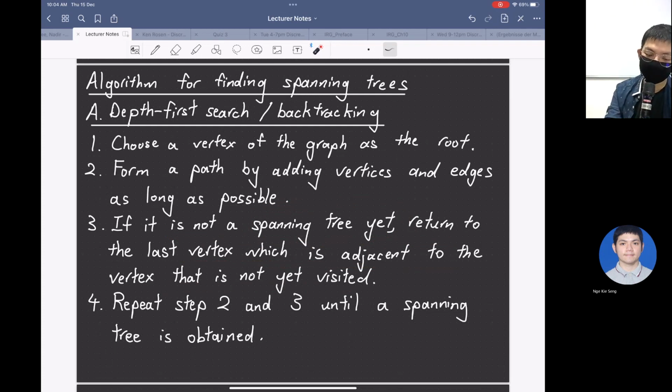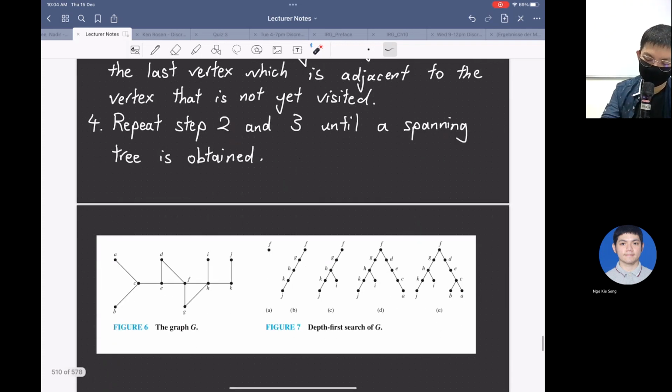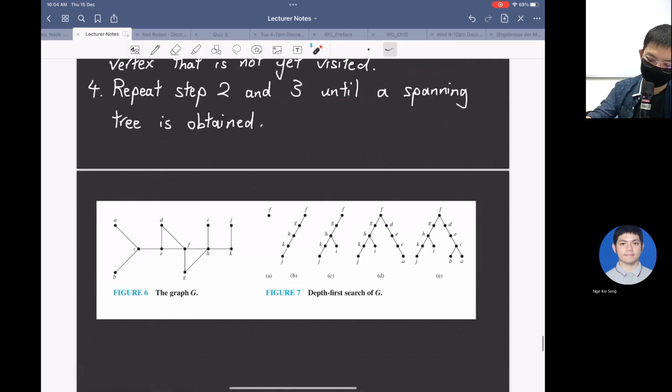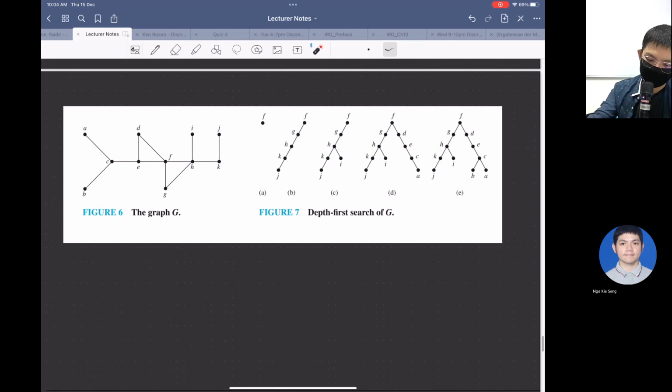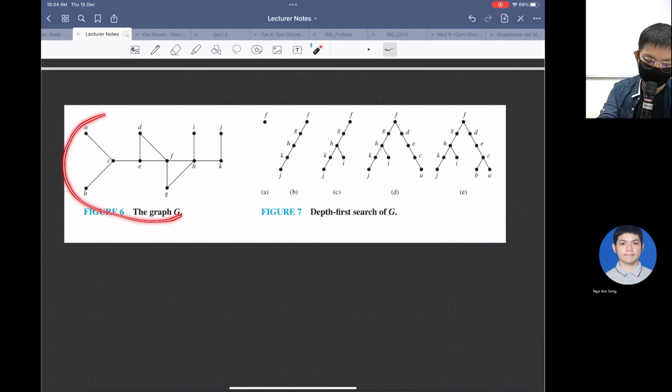Remember just now we said a spanning tree of n vertices must have how many edges? n minus 1. That means you need to stop at n minus 1 edges. Let's see how we implement this algorithm. Look at this graph here.